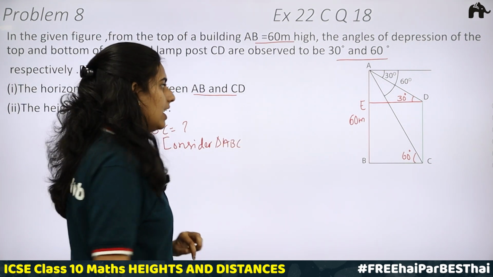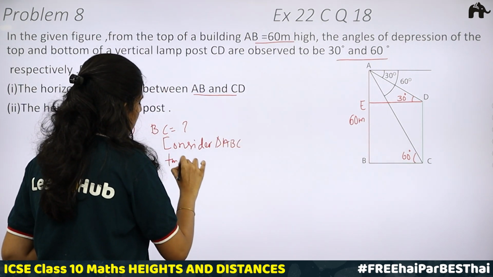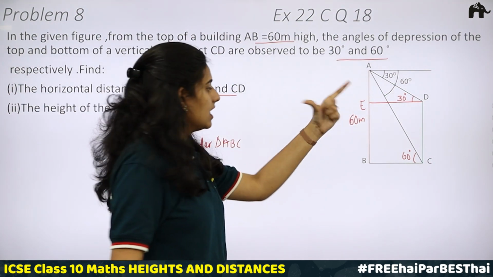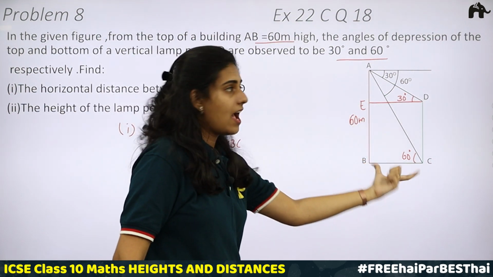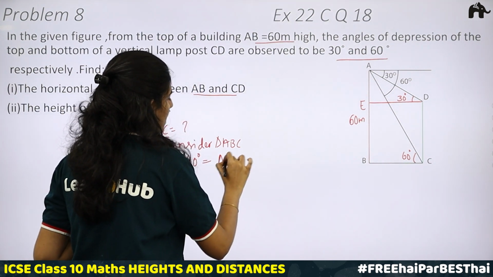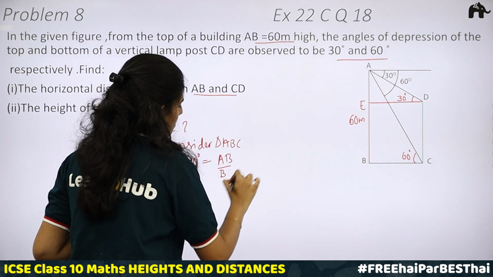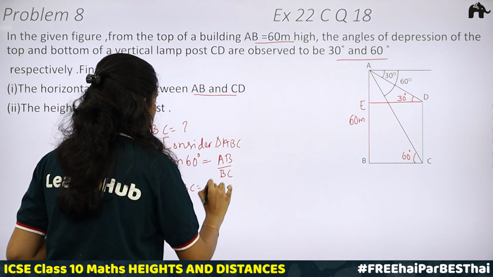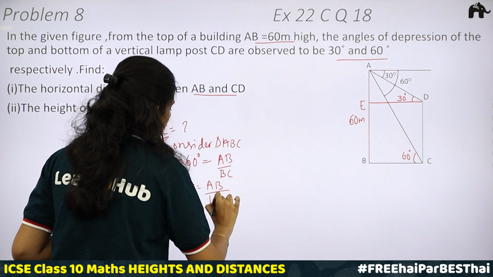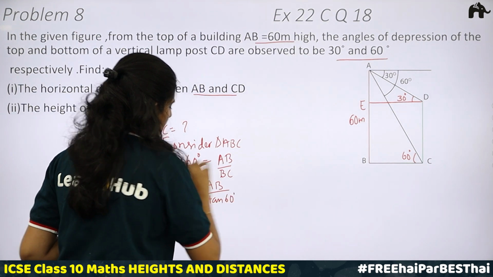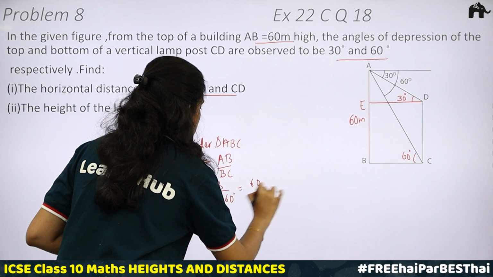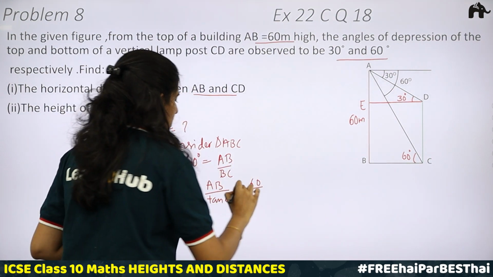In triangle ABC, tan of angle 60 degree will be equal to opposite side divided by adjacent side, that is AB divided by BC. We need to find BC. BC will be equal to AB divided by tan 60 degrees. What is AB? AB is 60. Tan 60 degree is equal to root 3.